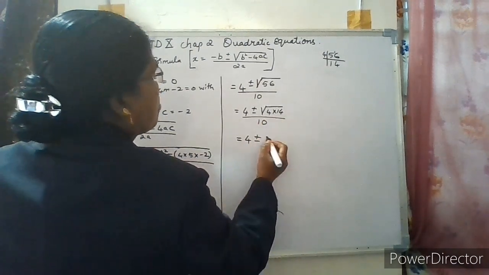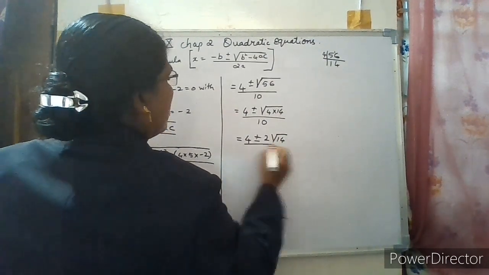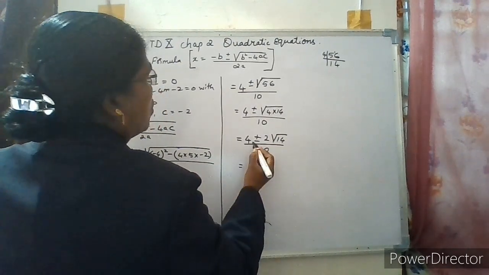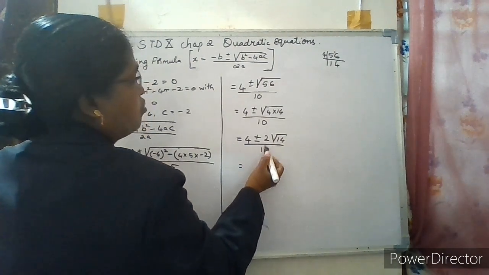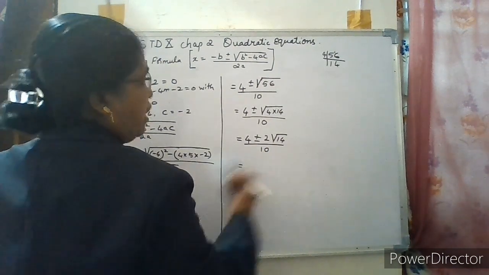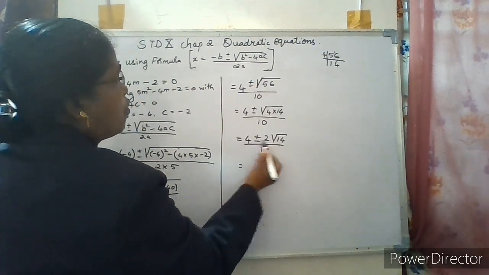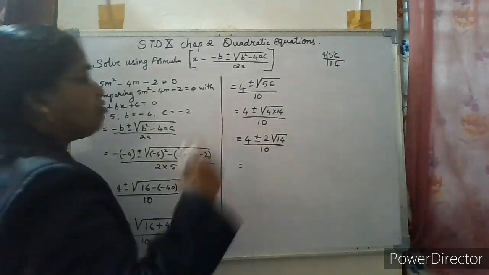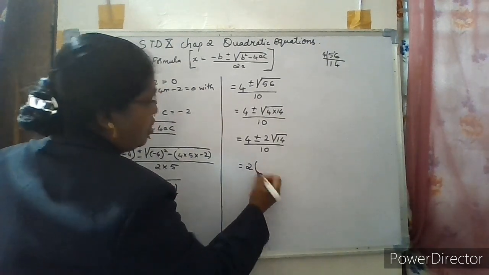So, it is equal to 4 plus or minus. Now, 4 will come out as 2. Under root 14 will remain. This is upon 10. Now, again children, don't commit any mistake by cancelling 2 and 10 or 4 and 10 or 14 and 10. So, now you can see this 4 and 2 are multiples of 2. That means you can bring out 2 as common. So bring out 2 as common.